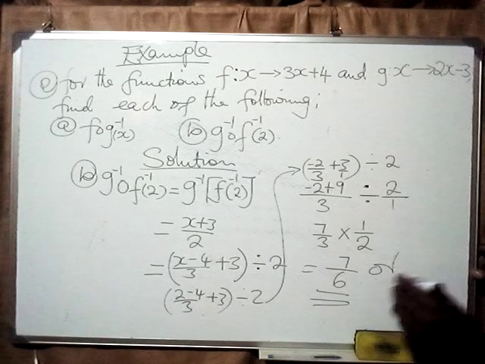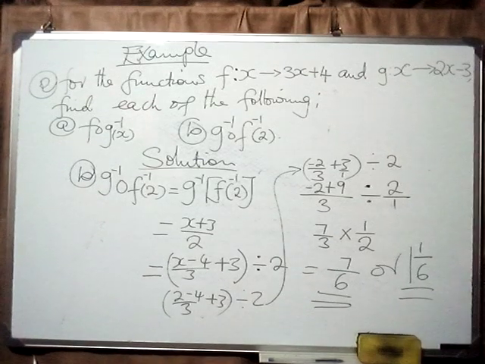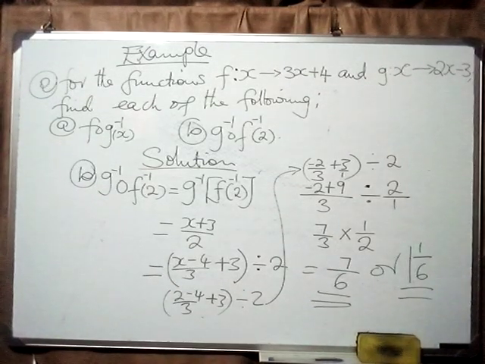Or it can be 6 into 7, it goes 1, remainder 1, so 1 and 1 over 6. It is still the same answer. So this marks the end to our lesson, which was under composite functions. Thank you so much.